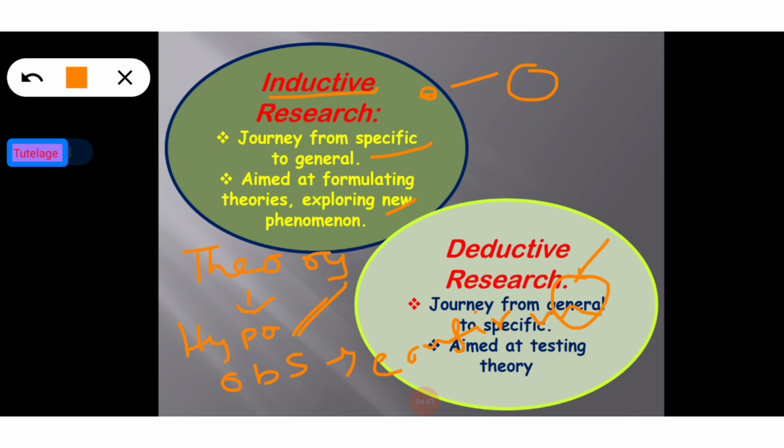So the researcher analyzes a specific issue on different sample units, and if there exists a pattern in behavior, it is then generalized. So its journey starts from specific to general. So that is the basic difference between inductive and deductive. In deductive research, the journey starts from general to specific, theory to confirmation, and in the inductive research, the journey starts from specific to general. So that means observation to theory.